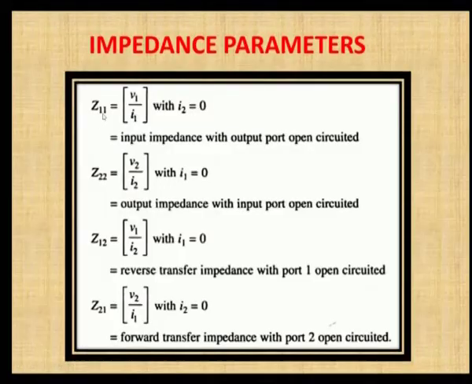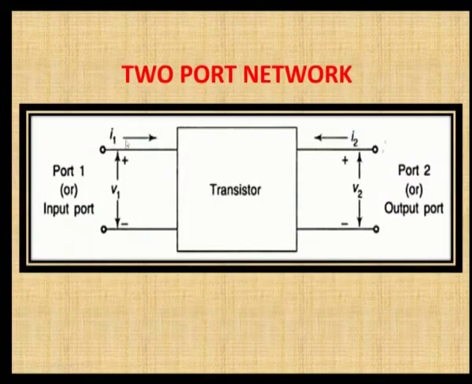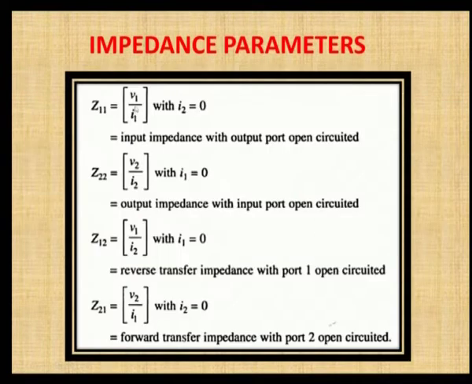And this Z parameter, how will you write this equation, or how do you calculate these Z parameters? By the variables of the two-port network. What are the variables? We have seen it is I1, V1 and I2, V2. I1, I2 are the input and output currents and V1, V2 are the input and output voltages. From these variables we can define or calculate all these Z parameters.